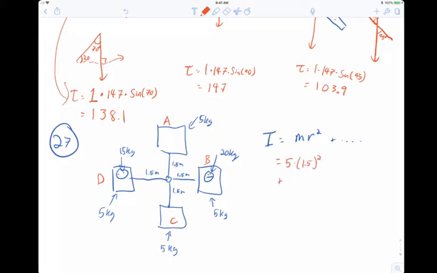Wing B has a total mass of 25 kilograms and is a distance 1.5 all squared. Wing C has a total mass of 5 and is a distance 1.5 all squared from the middle. And D has mass 20, 1.5 all squared. So we add these up, and that tells us our moment of inertia.